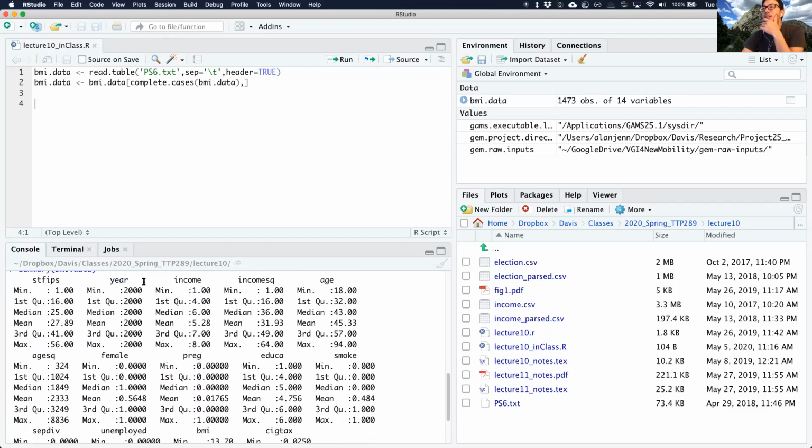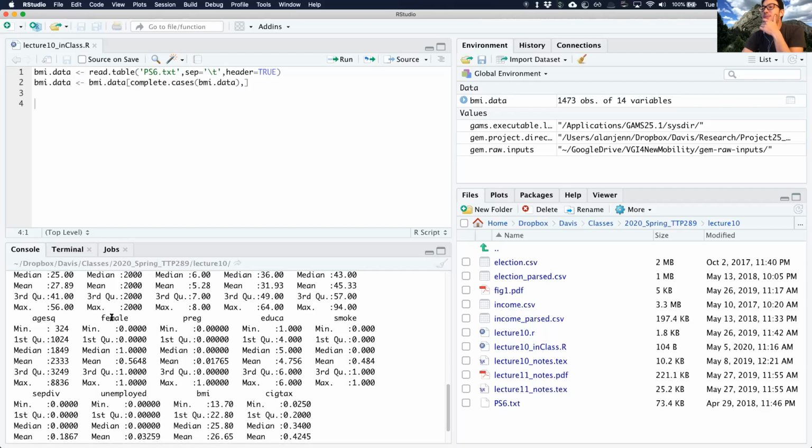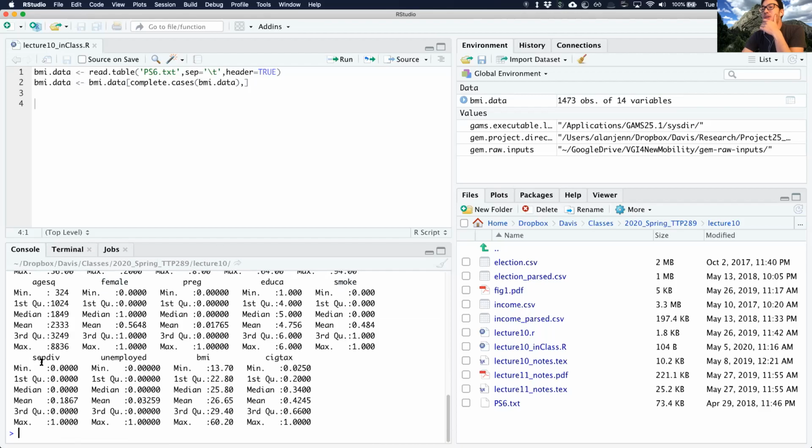Then you've got year of the data, income, income squared, age squared, whether or not they're female, whether or not they're pregnant, level of education, whether or not they're a smoker, whether or not they're separated or divorced, whether or not they're unemployed, their BMI, and then the cigarette tax in the area where they're living.